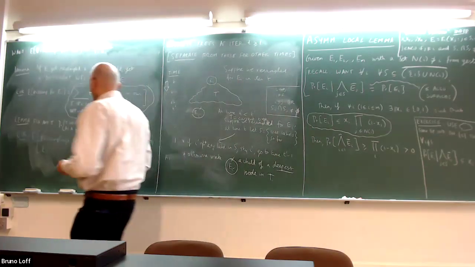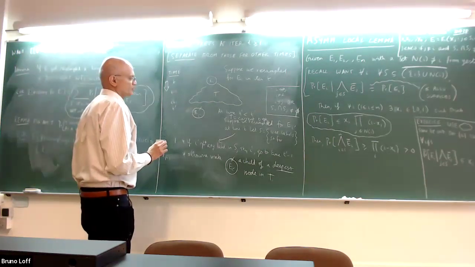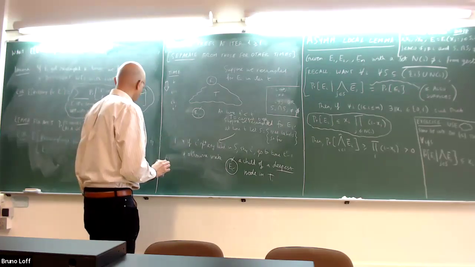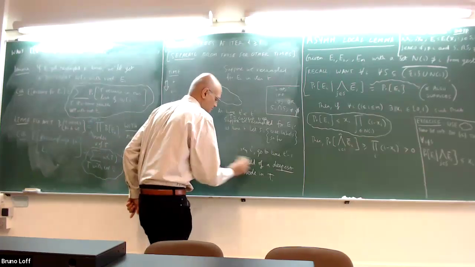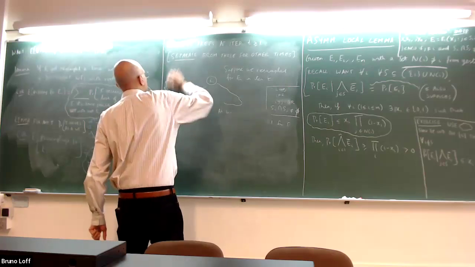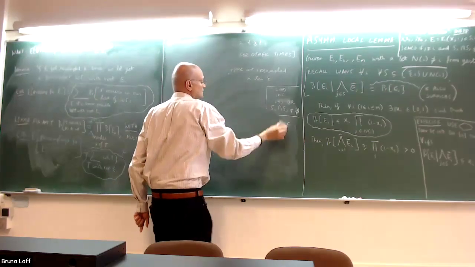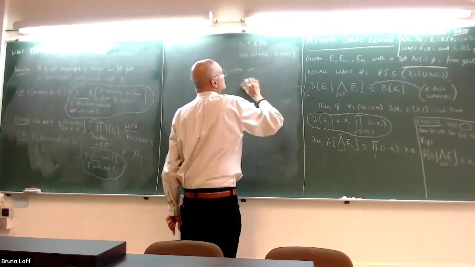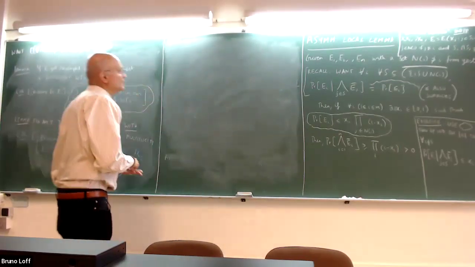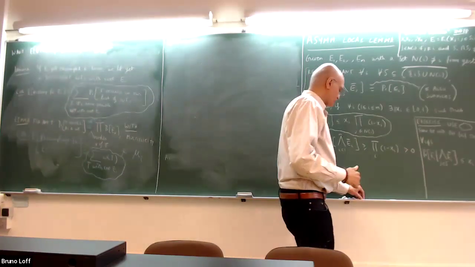Okay, so let's write a recurrence for this. Let's do this carefully. So now I can erase this. More specifically, instead of mu I, I restrict to trees of height at most h.